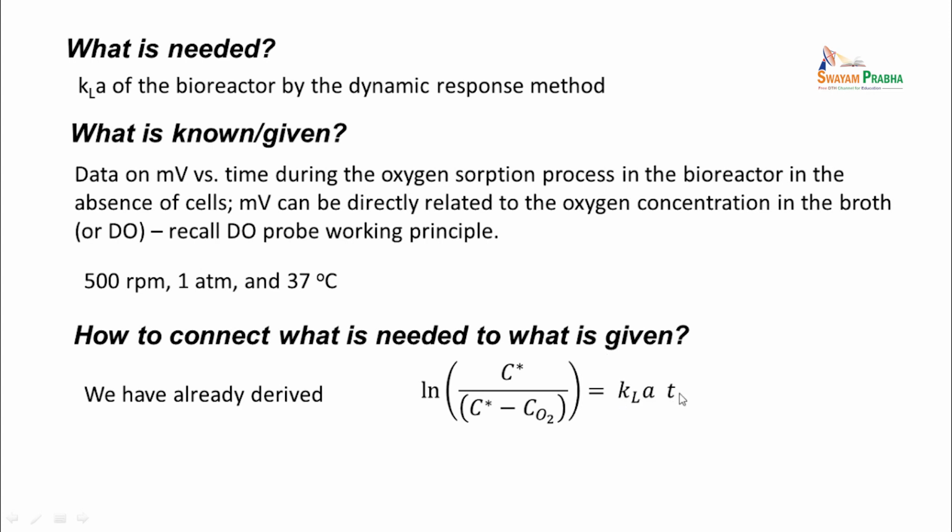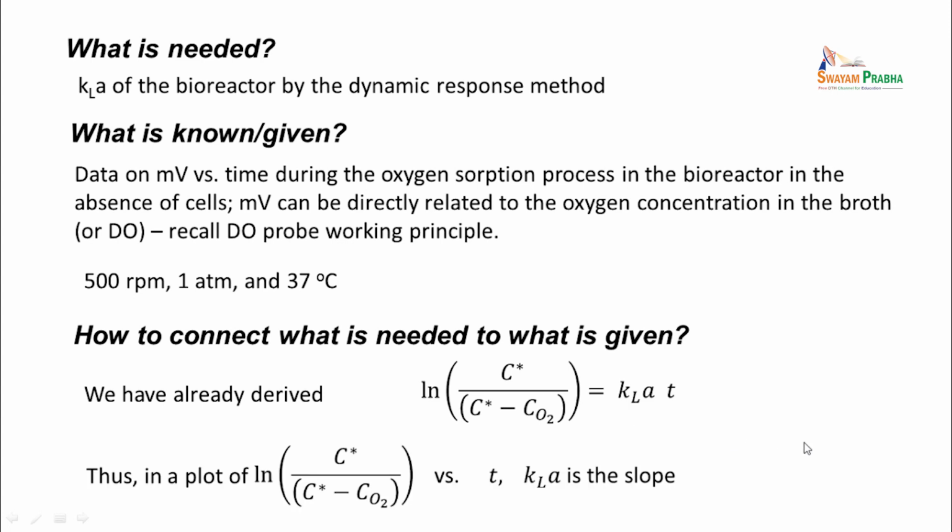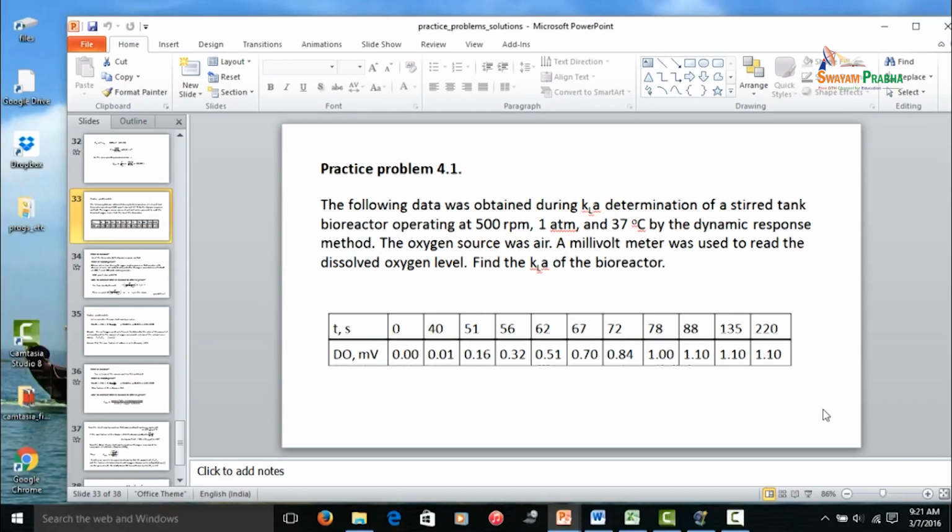This is y equals mx: this is y, T is x, KLa is the slope. Therefore, if you plot log of C star by C star minus CO2 versus T, we'll get KLa as a slope. And now I think we'll go to the spreadsheet in which the calculations were done.